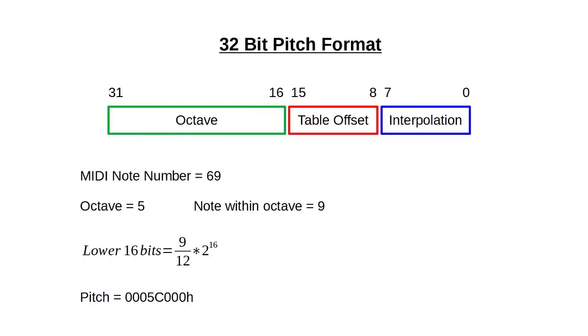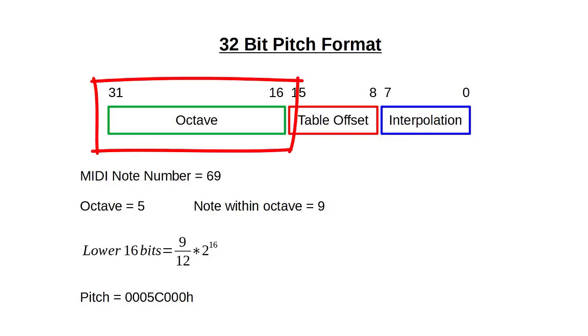Before we can look at how we convert from pitch to frequency, we need to consider how we're going to represent pitch and frequency, as MIDI note number and Hertz are not the most convenient for our purposes. Let's consider pitch first. For efficiency, we're going to convert pitch to frequency using a lookup table. To make that easy, we're going to store our pitch values in this 32-bit format.